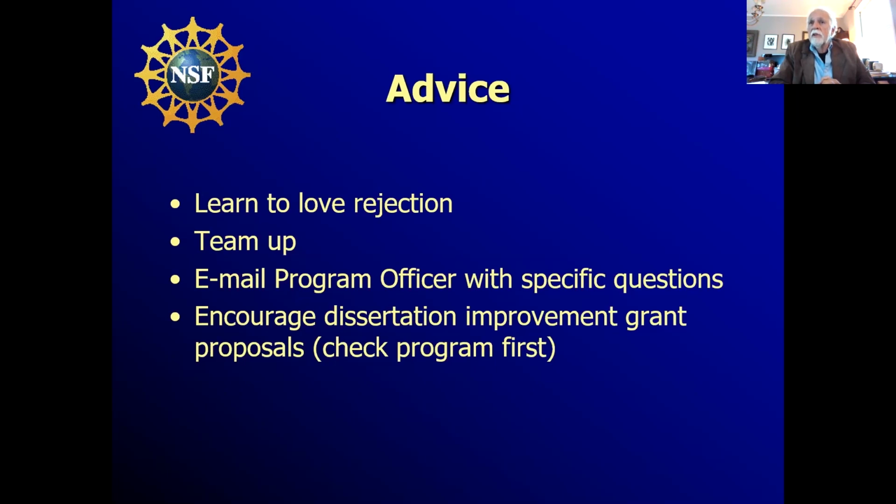If you have a specific question, email your program officer, especially, as I said earlier, if you're not sure which program. But if you've done your homework and something's vague, in my case, send me an email. Do not call me because you want to talk about your life history, or why you decided to become a social scientist.